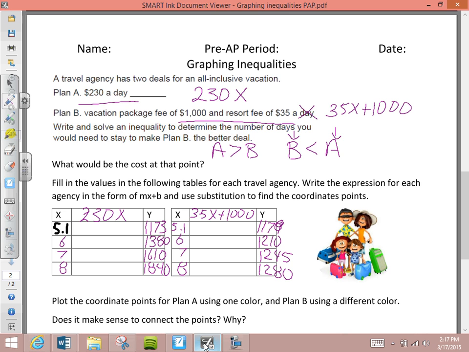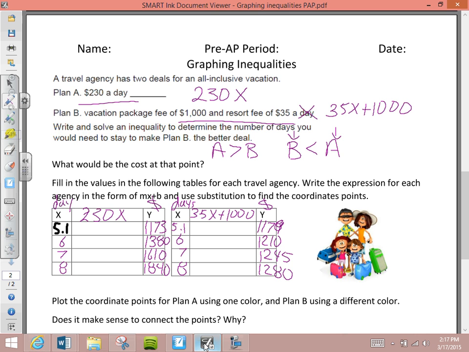Notice how the price, that's what the Y means, right? Y means price, X means days. Notice how the price changed. At 5 days, one of them is cheaper, which is this one, than B. And then after that, they cross, and then they basically become opposites.